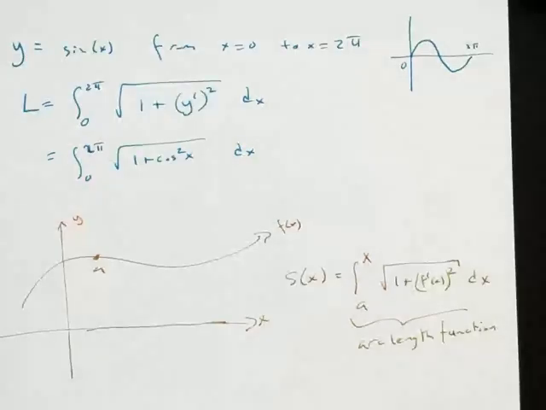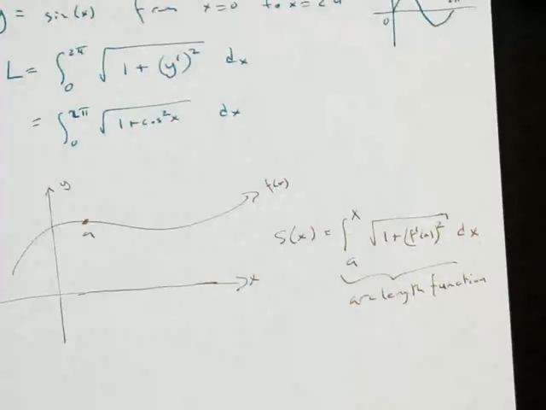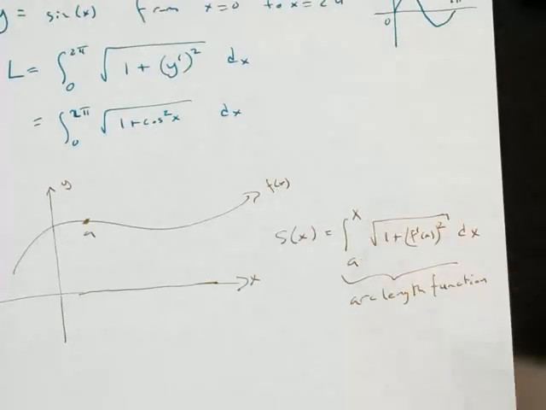Now, why would I do this? Well, here's the best part. If I integrate from a to 1, this answer tells me how far I've gone when x got to 1.